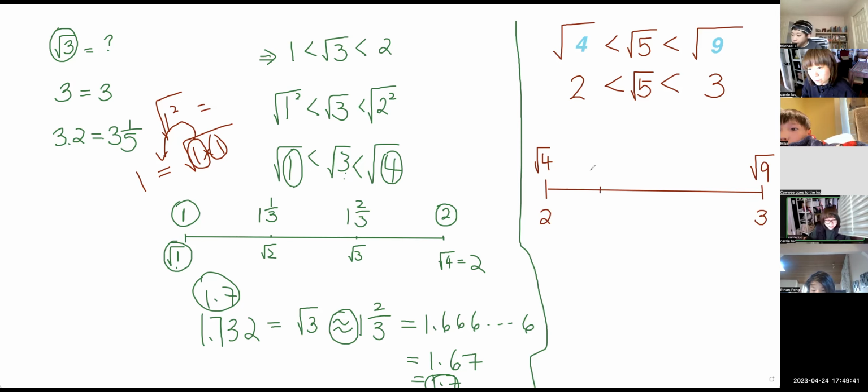So it should be a little bit more. Square root 5, square root 6, square root 7, square root 8. Correct, everybody? I know I'm not perfectly cutting them into equal parts. Ethan, do you understand? Yeah? Jasper, are you with me still?